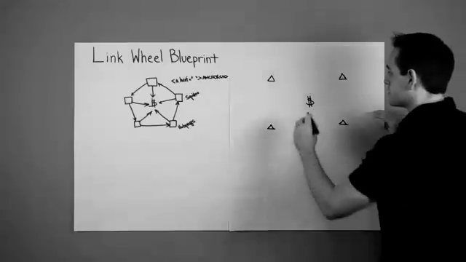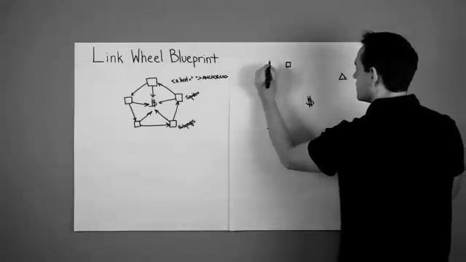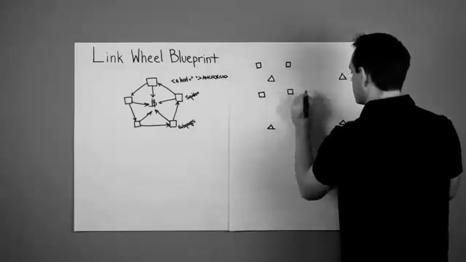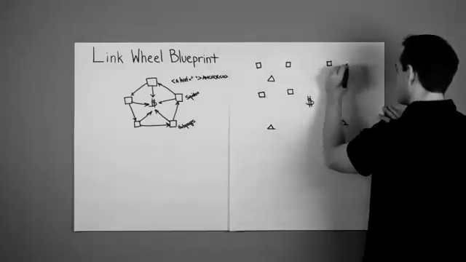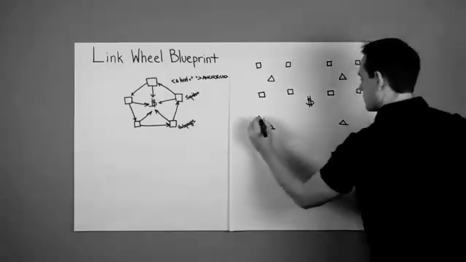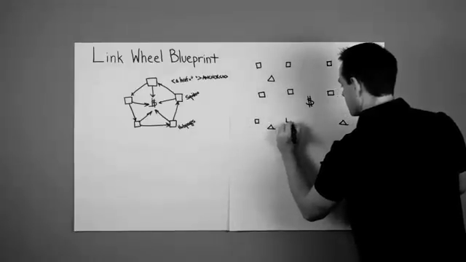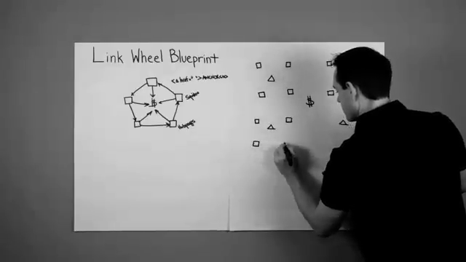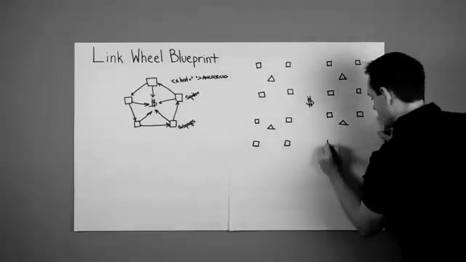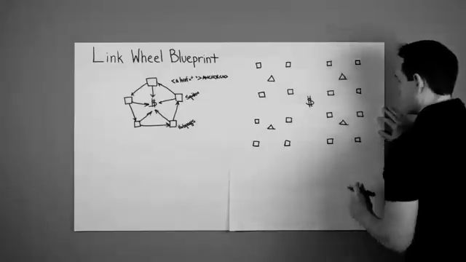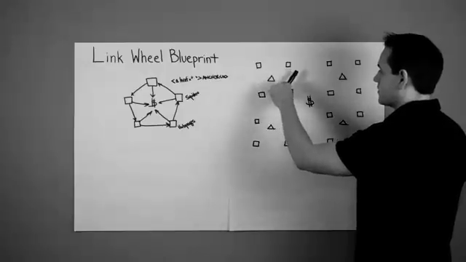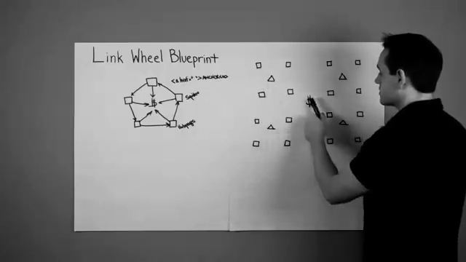And then we're going to use squares as our tier 2. Okay, so it doesn't look like much right now, but these squares are the outside of our wheels, this is the center of our wheels, and this is our money site.